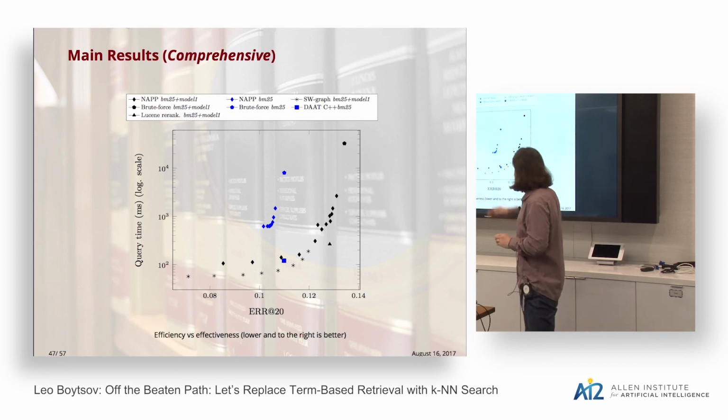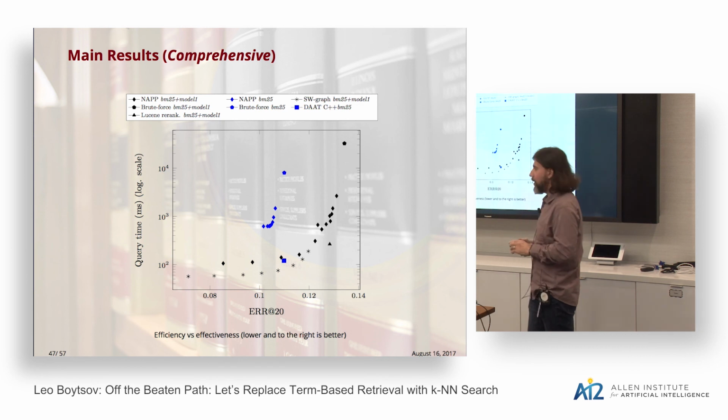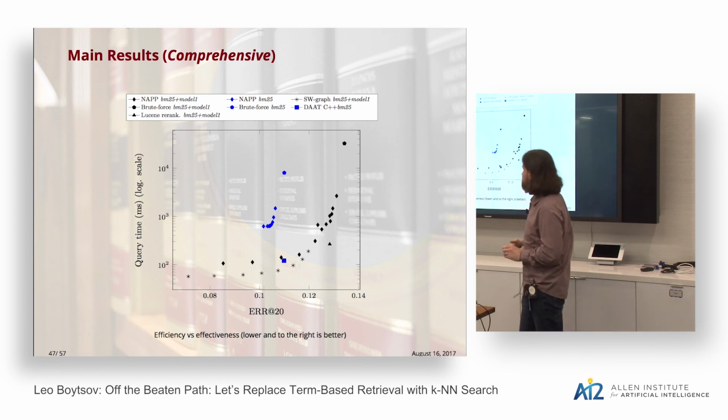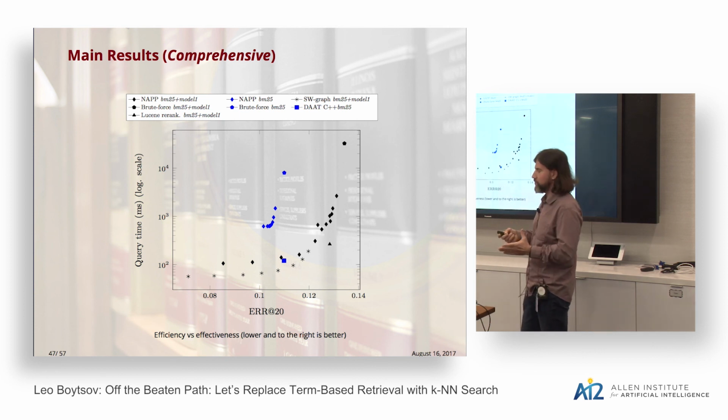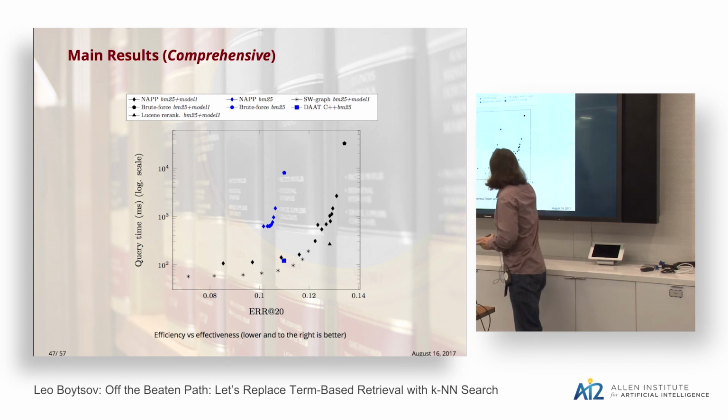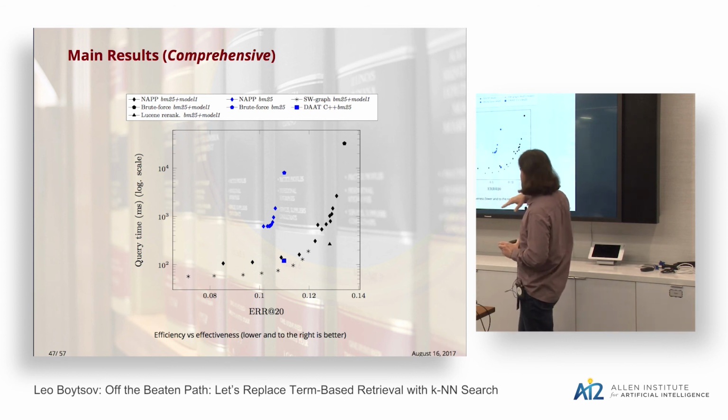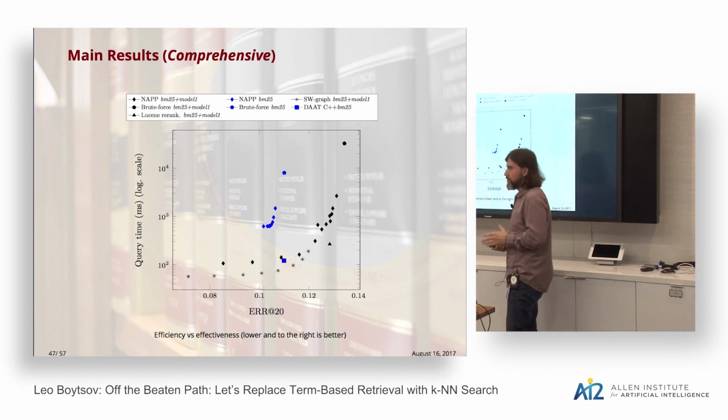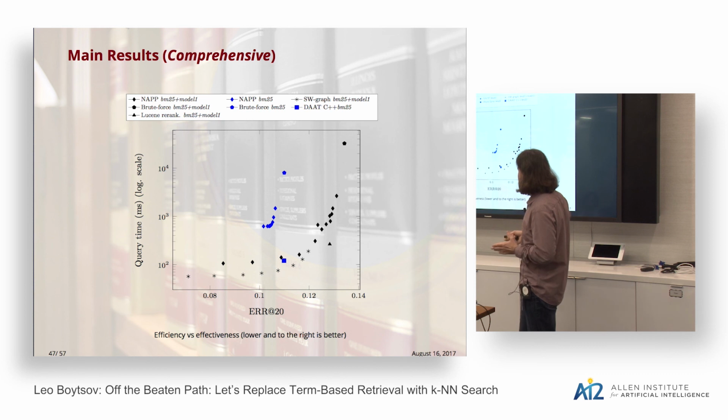So blue diamonds here are NAP, neighborhood approximation index, and the similarity is BM25. Black diamonds are also NAP, but the similarity is BM25 plus Model 1, which is much more expensive. These stars here, and remember that lower and to the right is better, are runs for SW graph, and these are denoted by black stars.